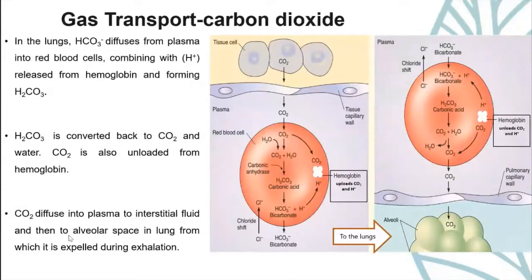So sama lah, this is the same information, the repetition. In the lungs, bicarbonate ion diffuses from the plasma into the red blood cells. Bila dah reach the lungs, bicarbonate ion yang 72% tu tadi masuk balik dalam red blood cells, combining with hydrogen ion released from hemoglobin and forming carbonic acid.